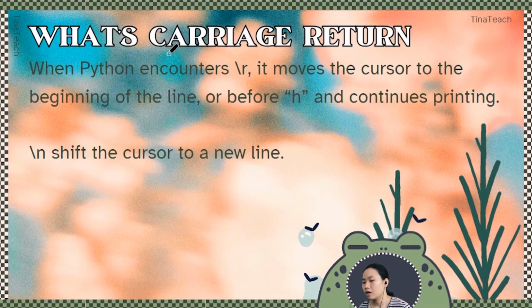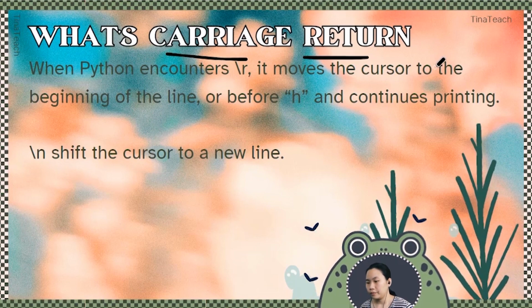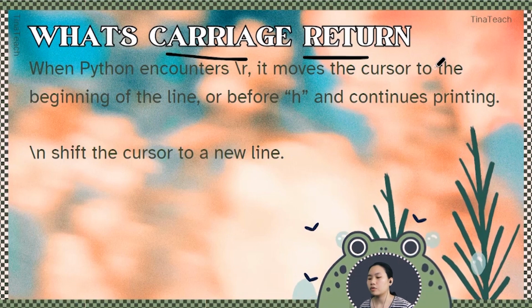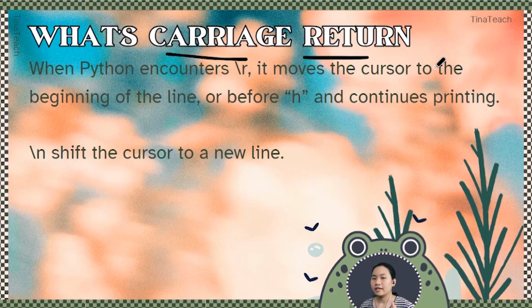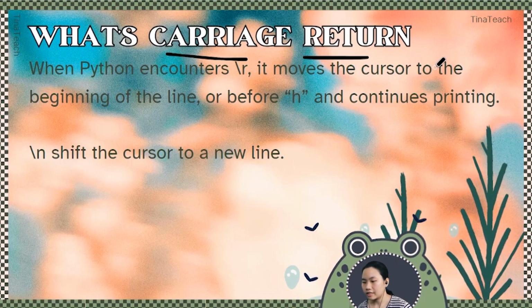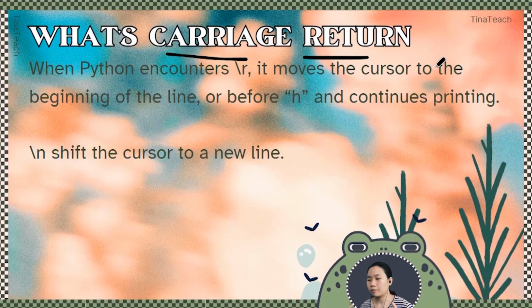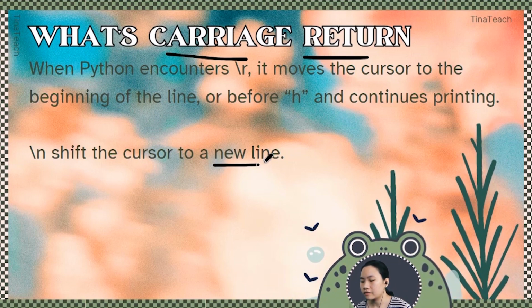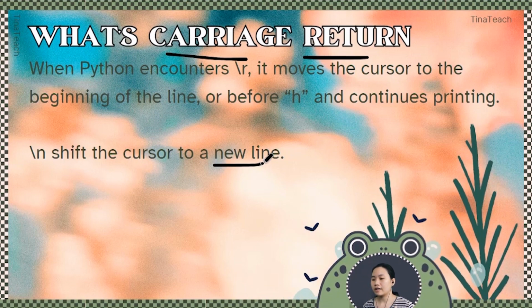First, let's figure out what a carriage return is. A carriage return acts very similar to a new line. It basically makes a new line, but the difference is where the cursor lies after Python prints our value. With new line, it shifts the cursor to the new line.